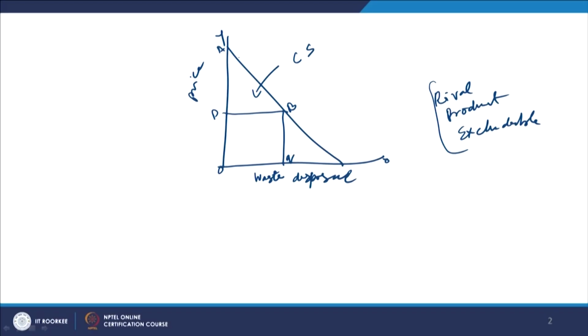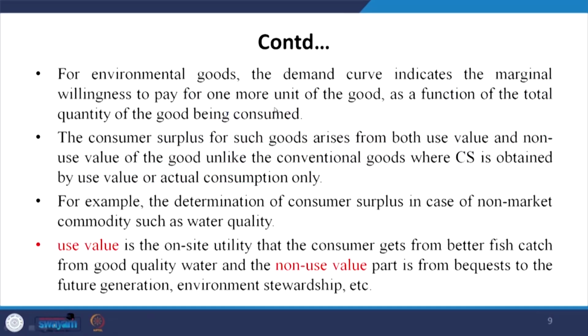So, this is a consumer surplus because the market price is OP and the consumer is willing to pay for different units of waste disposal, and that is why this is called consumer surplus. So, we can apply this concept in environmental economics.